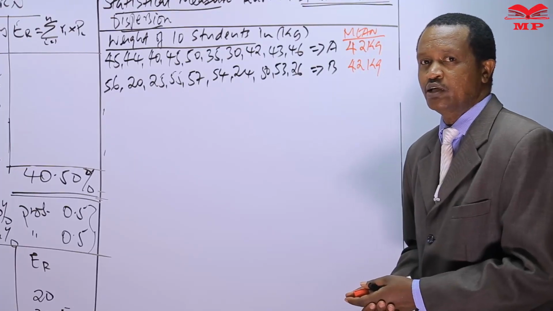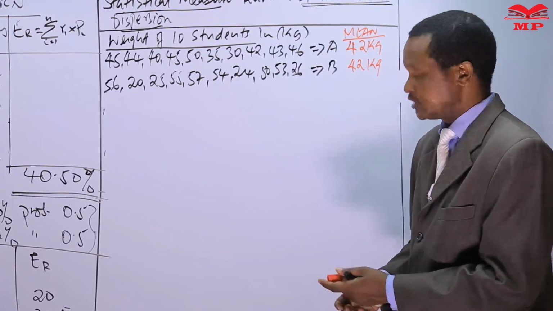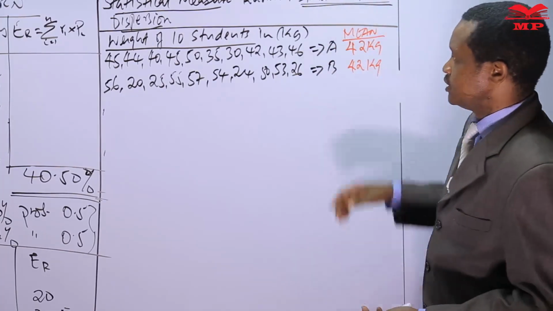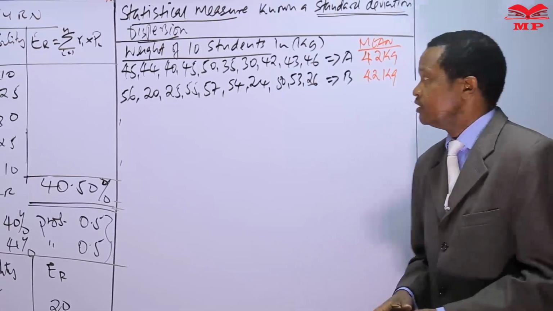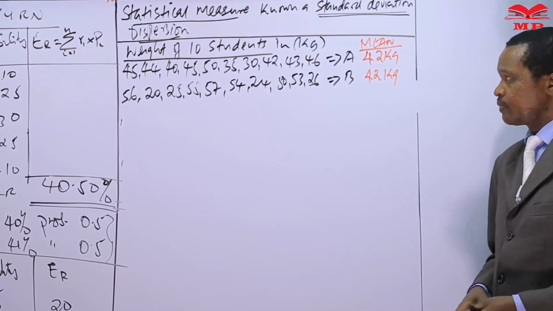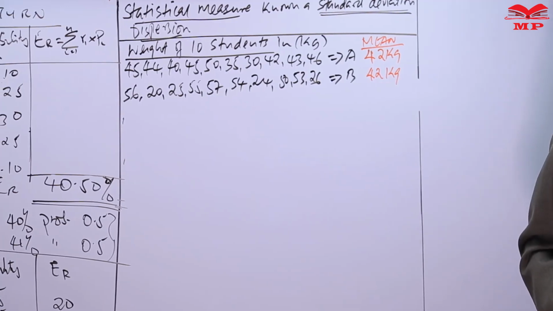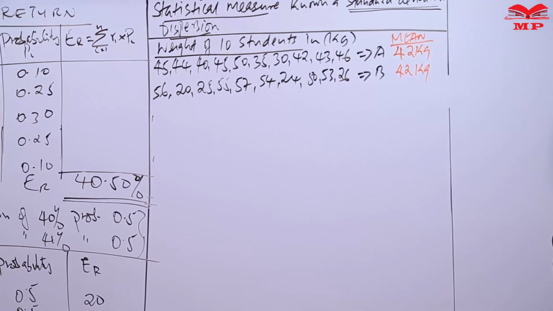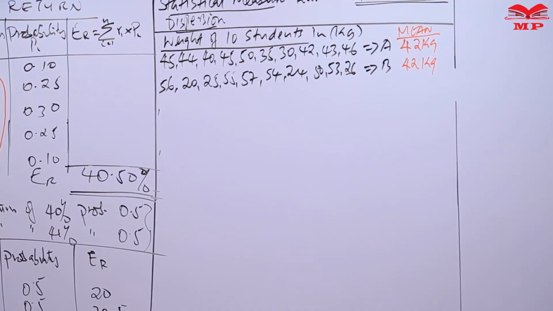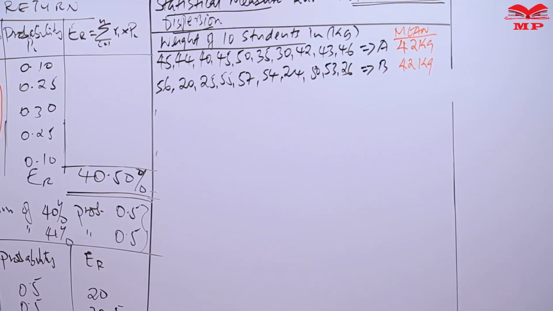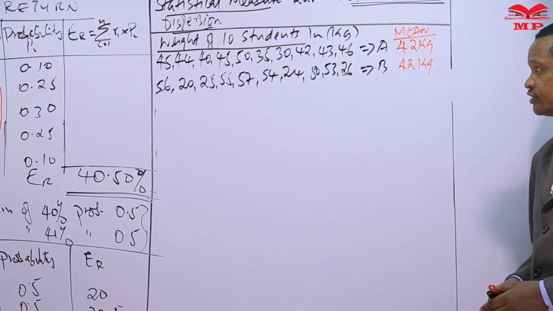So we need to apply another statistical measure, which we are calling standard deviation, which is a measure of dispersion. Another measurement called standard deviation has to be used to get an idea of the difference between the individual scores.